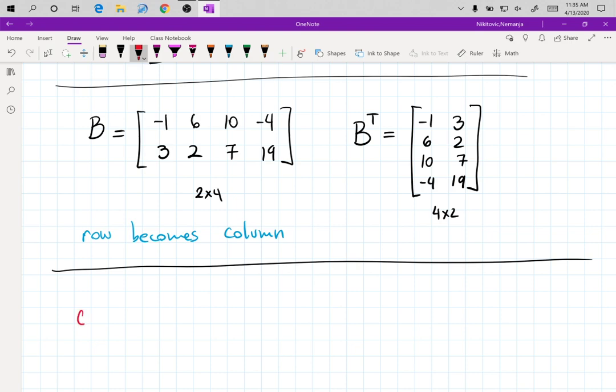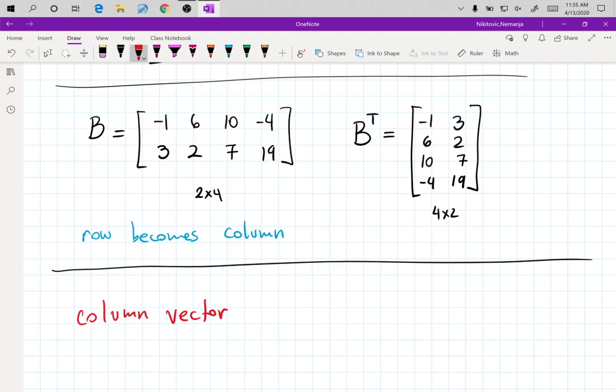A column vector would be a column, and they denote that with a lowercase bold letter, but we are going to use the arrow on top because we have to distinguish between now two different lowercase letters.